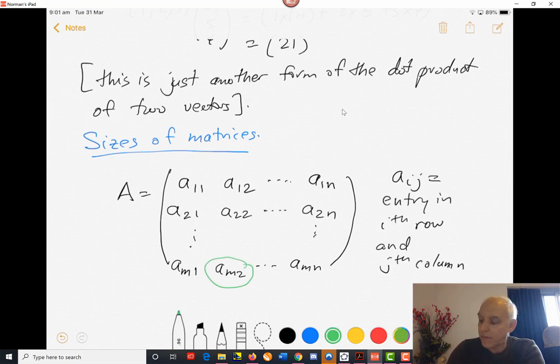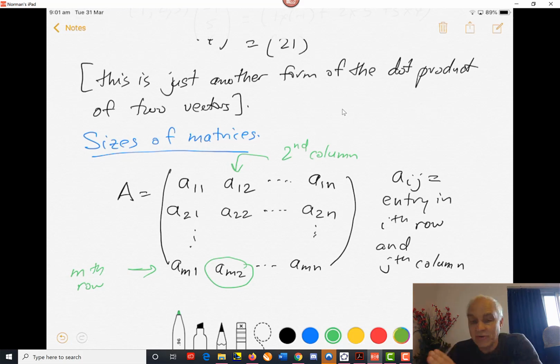That means that we are in the mth row, and in the second column. The m tells us which row we're in. The 2 represents which column we're in. Okay, so that's how the indices work. The first index is telling you which row you're in, how far down you have to go. The second index is telling you in which column you are, in other words, how far right you have to go.